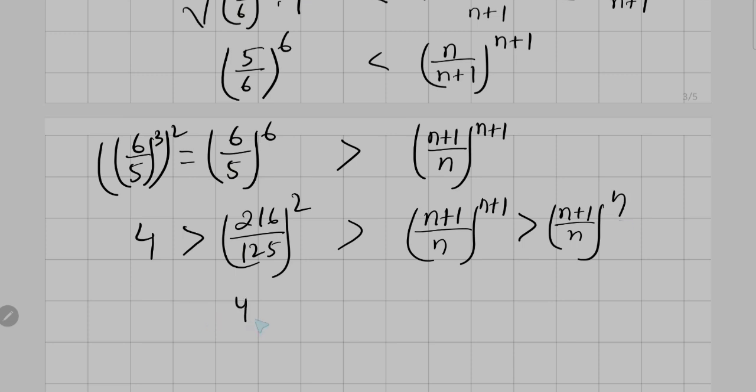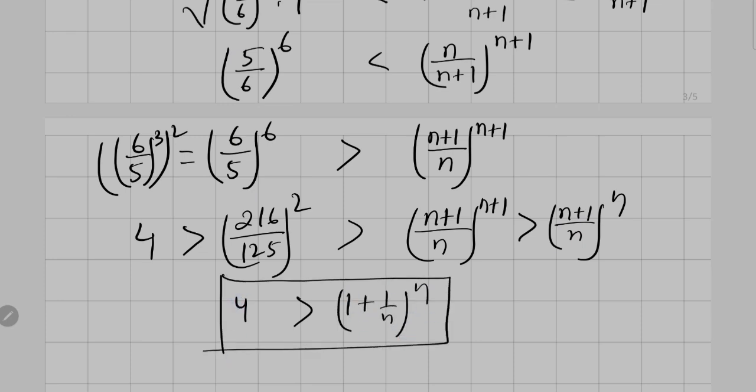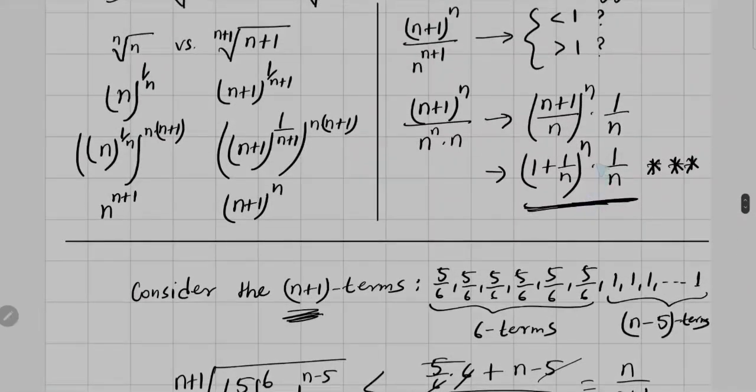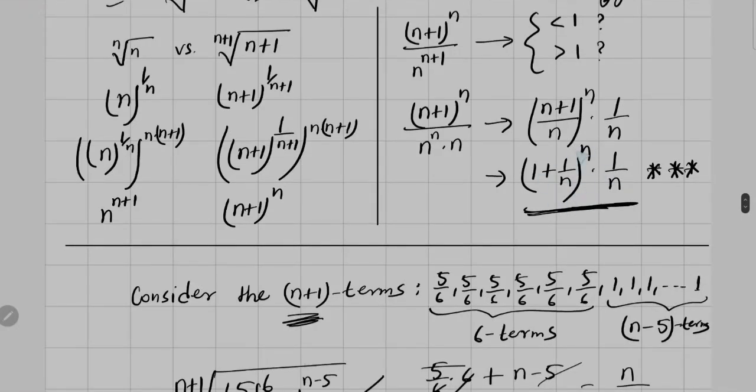So 4 is bigger than (1 + 1/n)^n. So I have the quantity (1 + 1/n)^n is less than 4, which means here the star, this quantity is less than 4 times 1/n, that is 4/n.